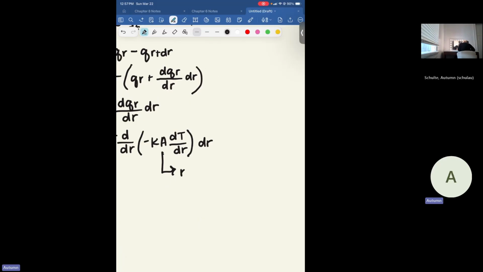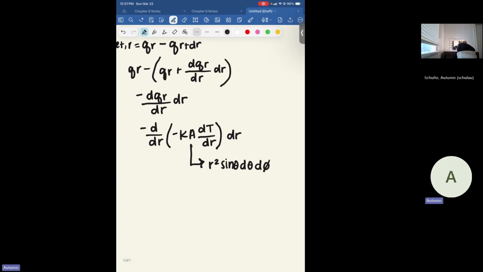So this is r squared sine theta d theta d phi. So let's plug that in. We're going to have our negatives canceling. So this is going to be the derivative with respect to r multiplied by our thermal conductivity multiplied by r squared sine theta d theta d phi multiplied by the change in temperature with respect to r multiplied by dr.